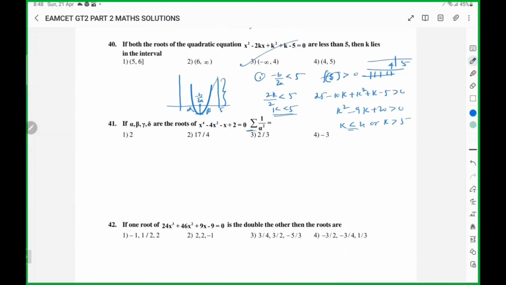Here, when asked for the sum of the squares of the reciprocal roots, alpha is a root of this. So let us assume alpha as 1 by y.